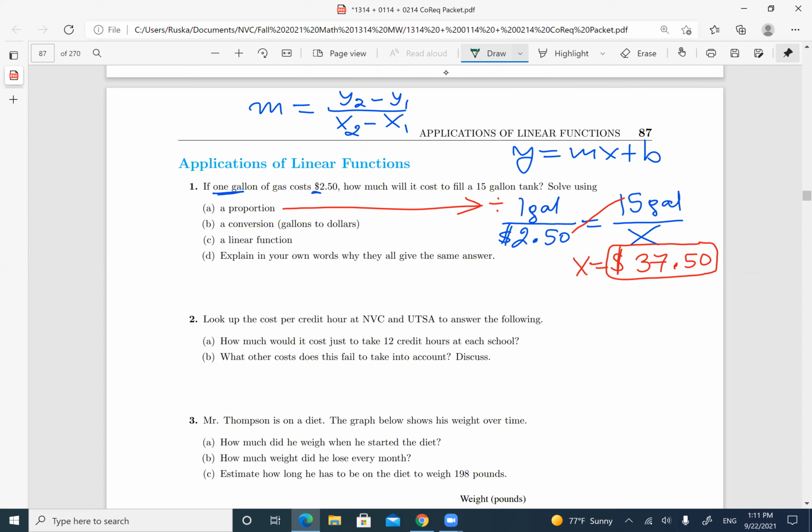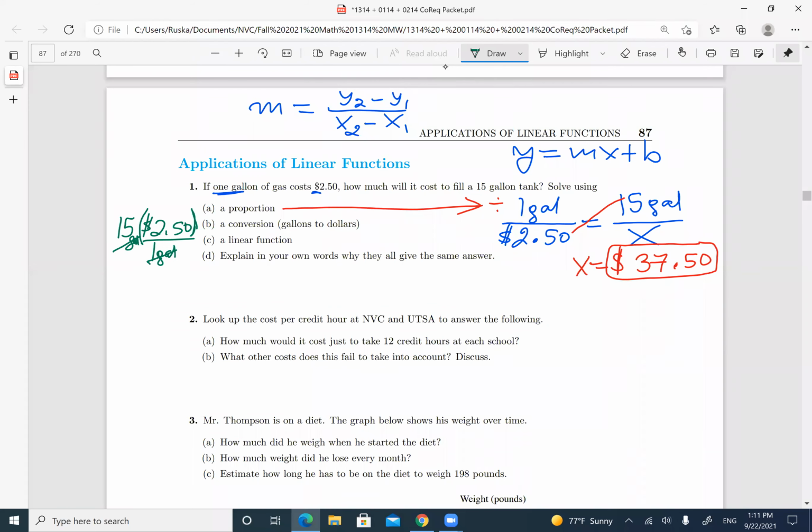So if it's 15 gallons, you multiply 15 gallons by 2.50 dollars over 1 gallon. This is the conversion over 1 gallon. You cancel the gallons and the answer is in dollars. So this is the conversion.